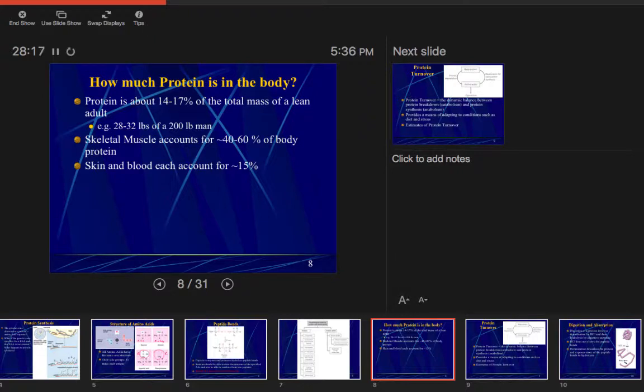But here's an interesting point. 2 of the most common amino acids in the body's proteins are essential amino acids. Those are leucine and lysine. So if we don't get those in the diet, it's going to affect a lot of the proteins and their metabolism.